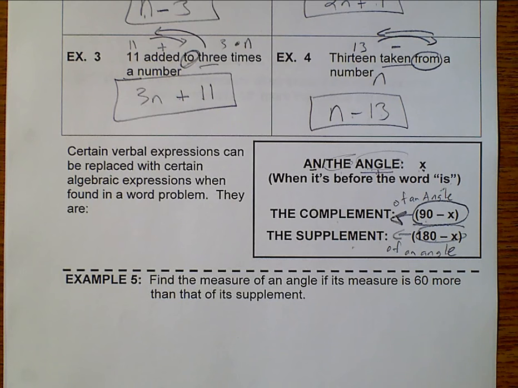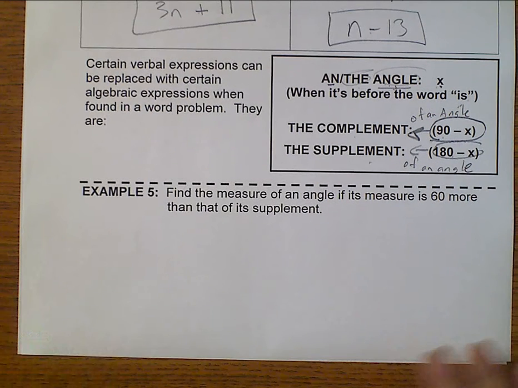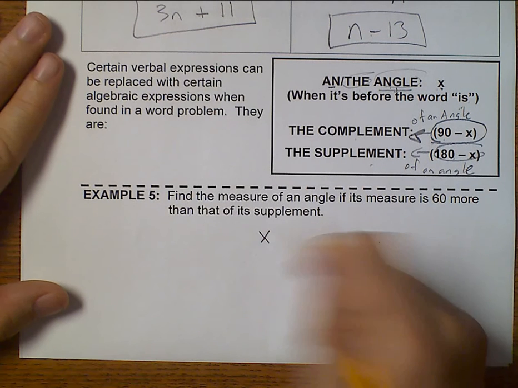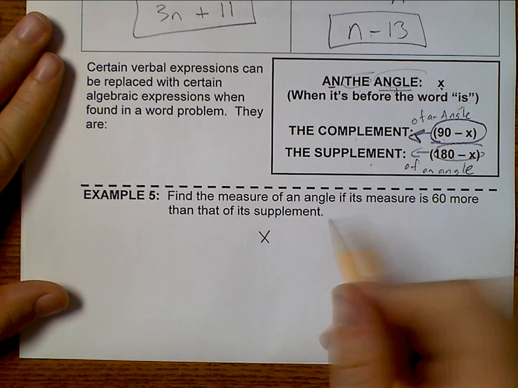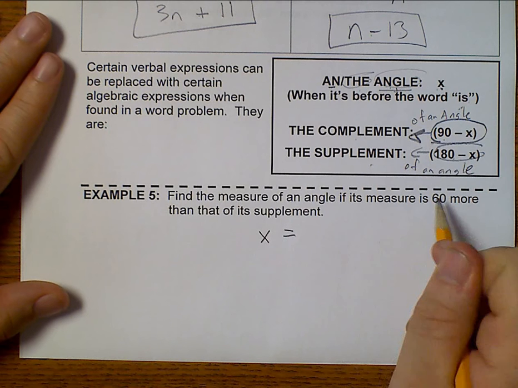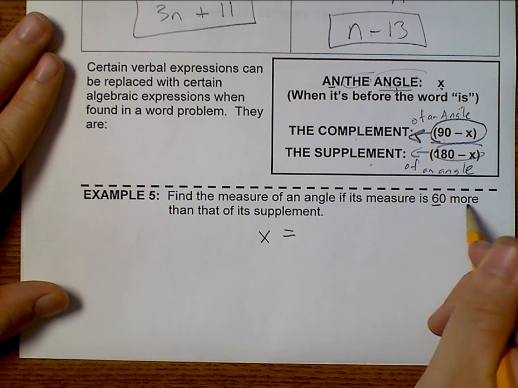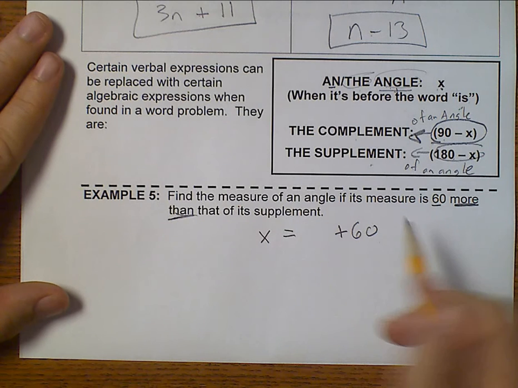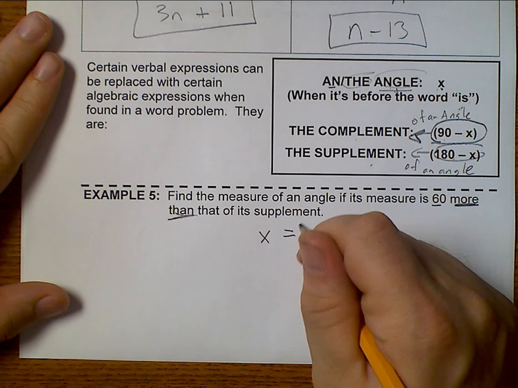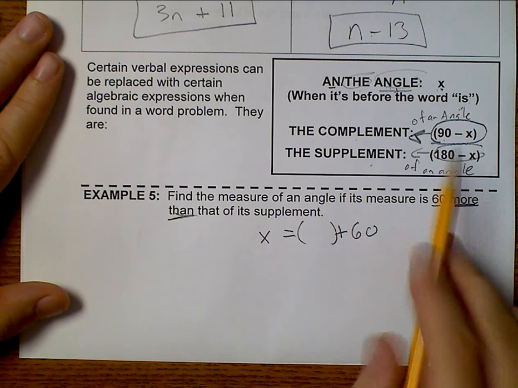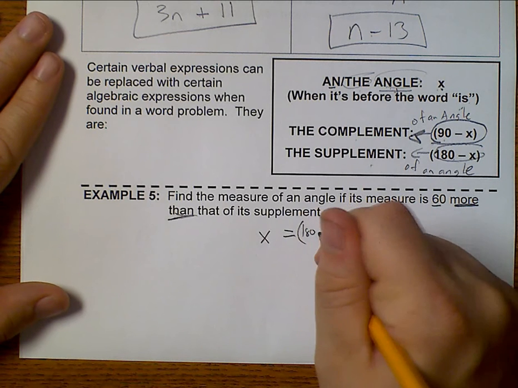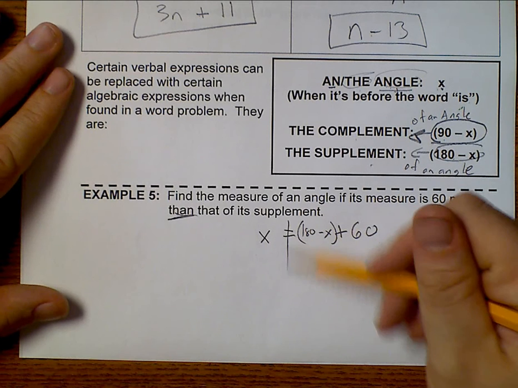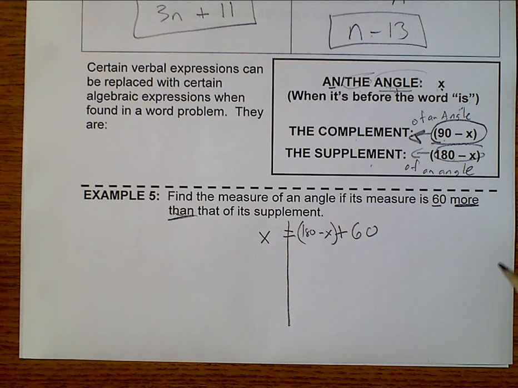So this is just some plug and play that you can do with expressions and word problems. So let's go ahead and put this to work in example number 5. We want to find the measure of an angle. And its measure is 60 degrees more than, that means I'm going to put the 60 afterwards, its supplement. Well, supplement being up here is 180 minus x. And so that's our word problem turned into an algebraic expression.